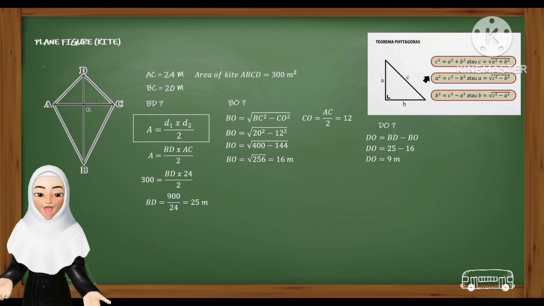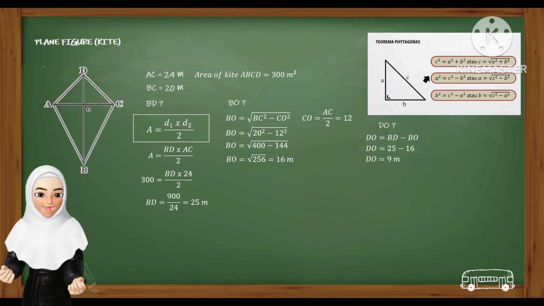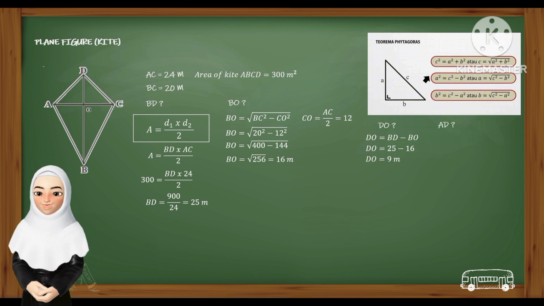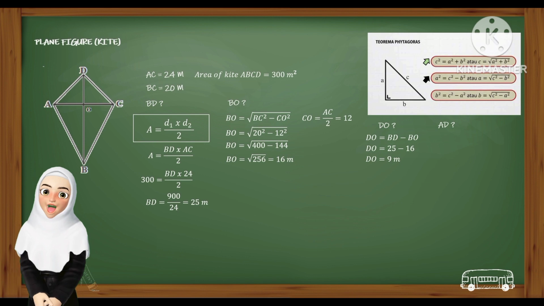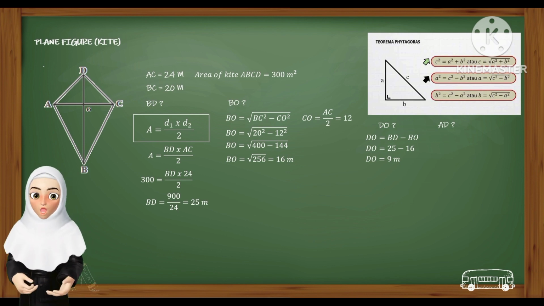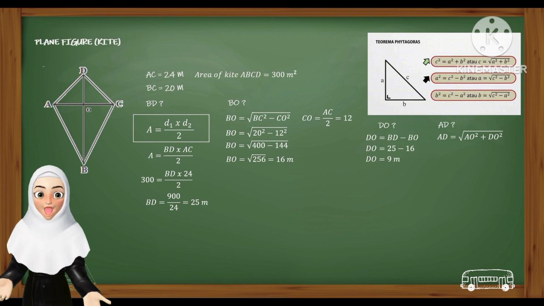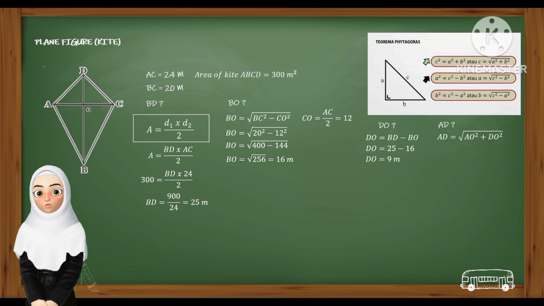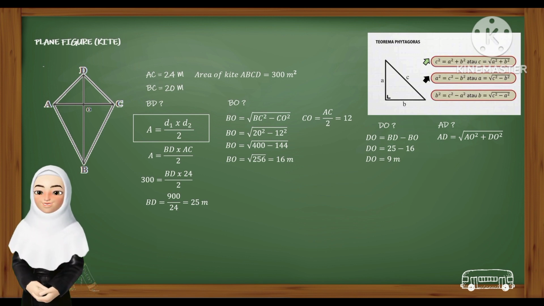The next step is to find the side length of AD using the Pythagorean theorem. We can use the first formula: C is the square root of A squared plus B squared, or we can write AD is the square root of AO squared plus DO squared. We substitute the values in.